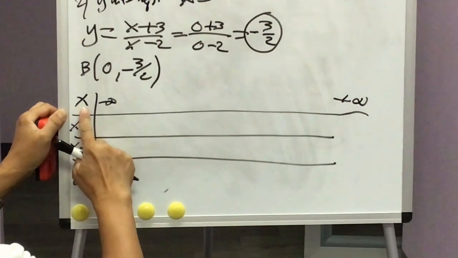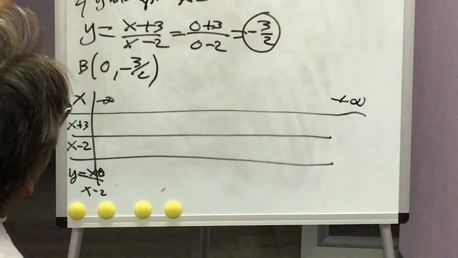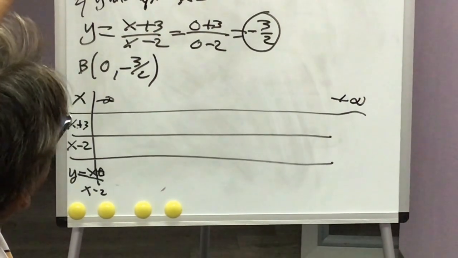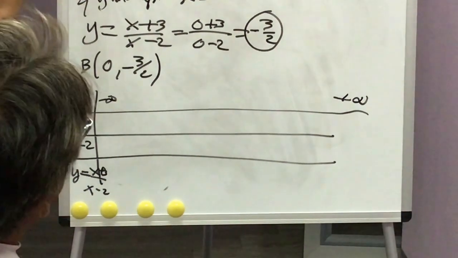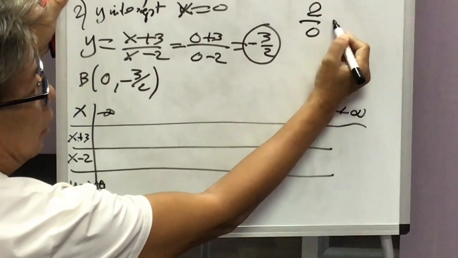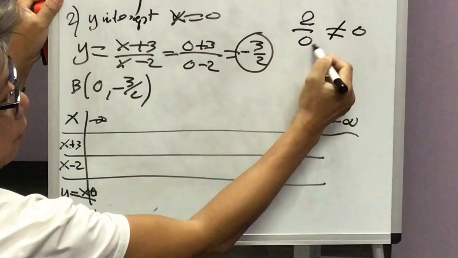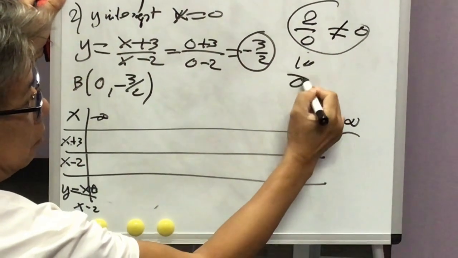First we need to find the domain of x. Since it's x plus 3 over x minus 2, because it's a quotient, the denominator x minus 2 cannot equal 0, because anything divided by 0 is undefined. Let's say 2 divided by 0 is undefined, 10 divided by 0 is undefined.